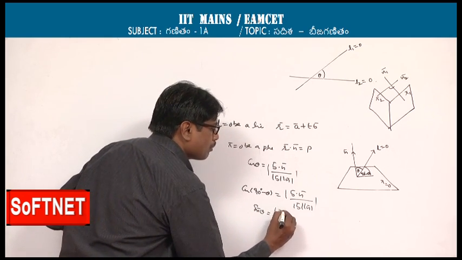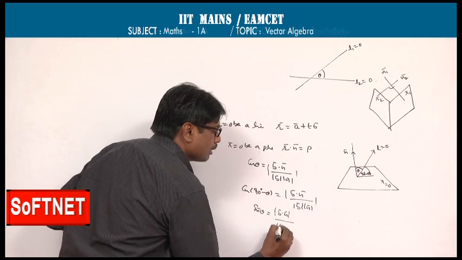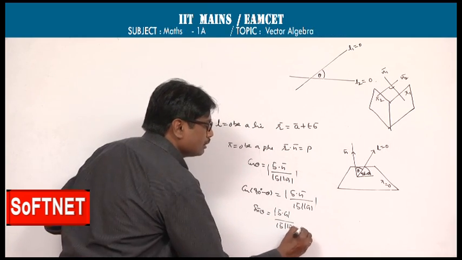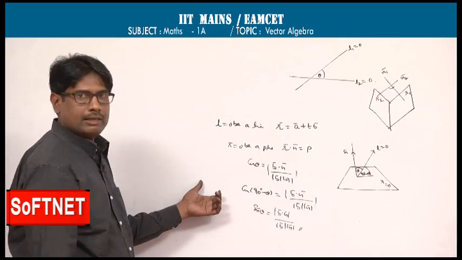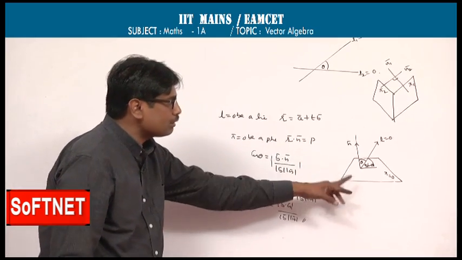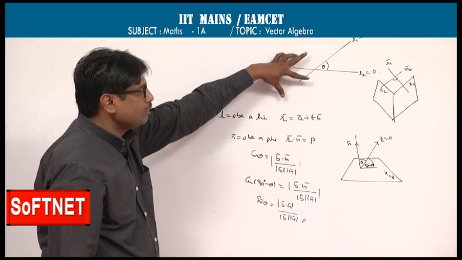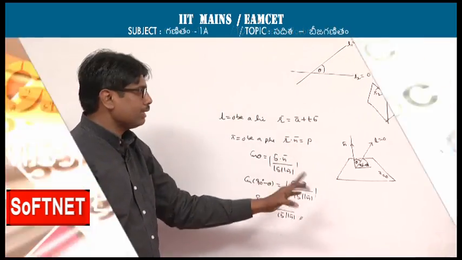So sin theta is equal to mod of B bar dot N bar divided by mod of B bar into mod of N bar. This is the formula to calculate the angle between a line and a plane. So we have covered the angle between two lines, between two planes, and between a line and a plane.